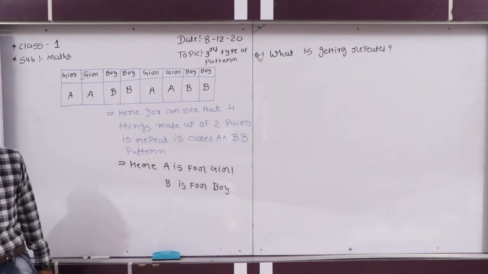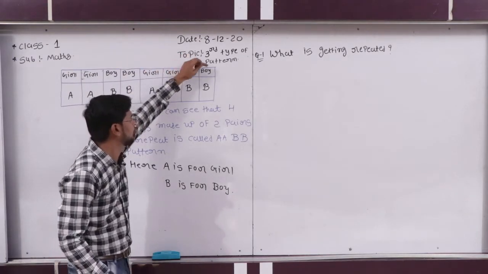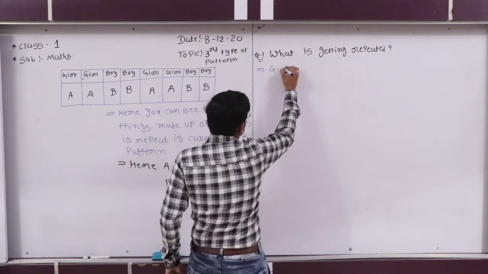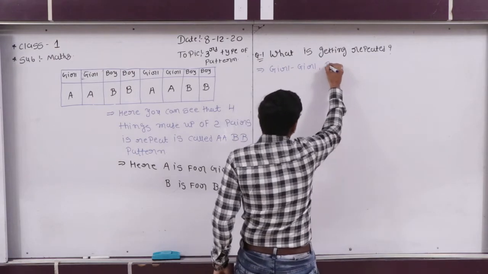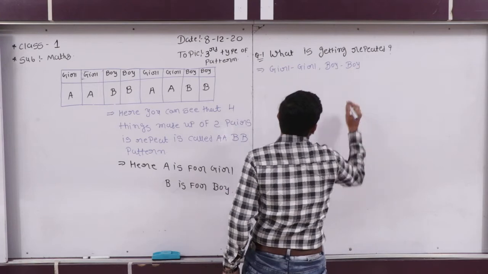Girl, girl, boy, boy. Girl, girl, boy, boy. Once again girl, girl and boy, boy. So our answer is girl, girl, boy, boy.